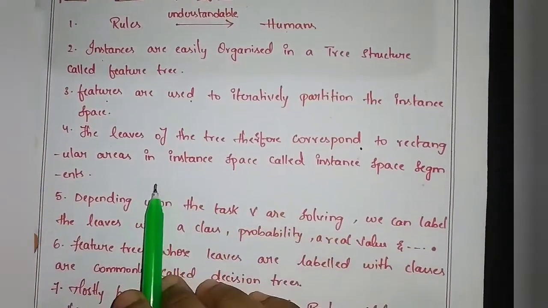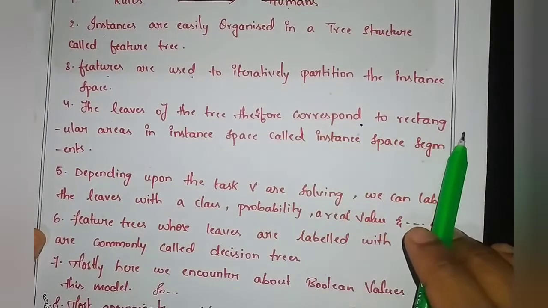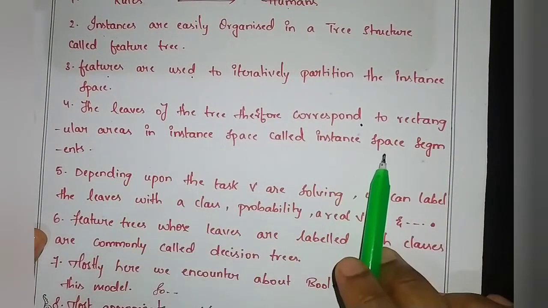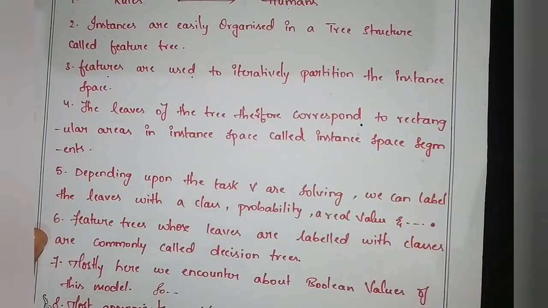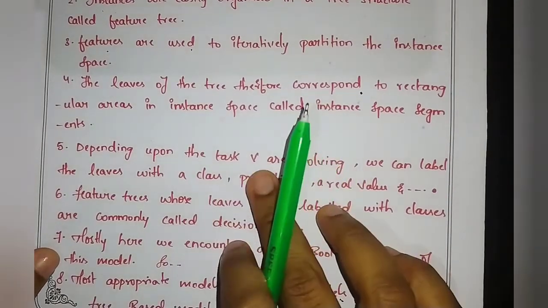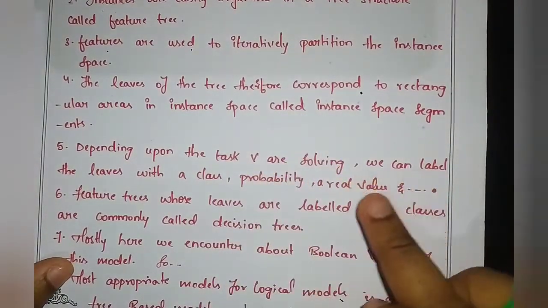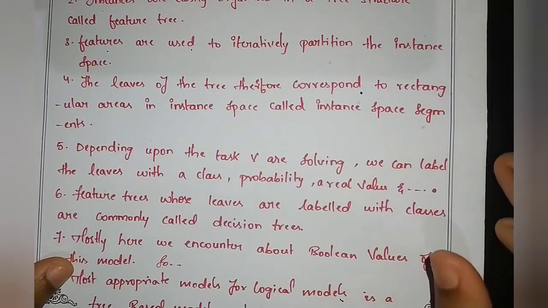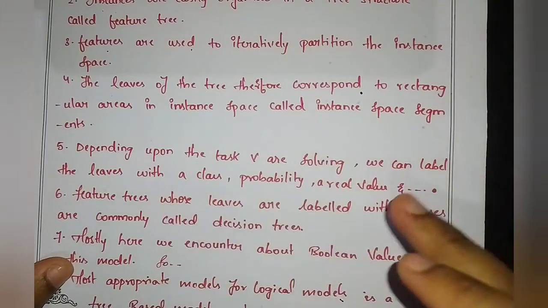Now the leaves of the tree correspond to rectangular areas in instance space called instance space segments. Depending upon the task we are solving, we can label the leaves with a class, a probability, or some real values.